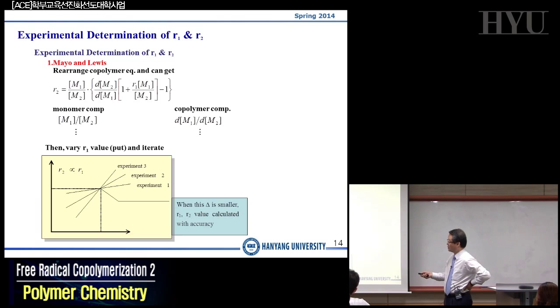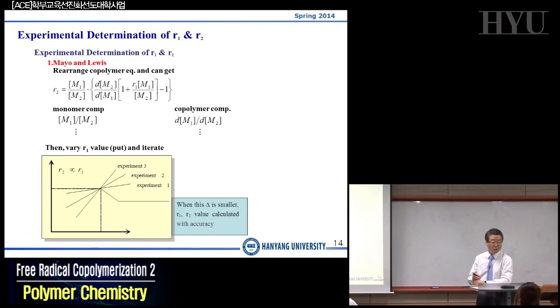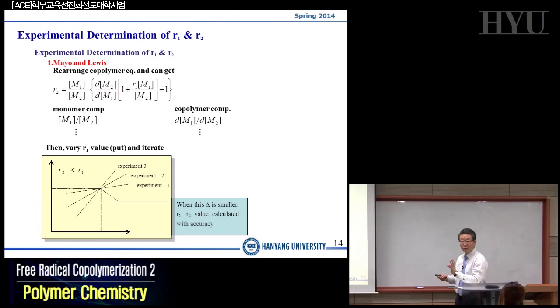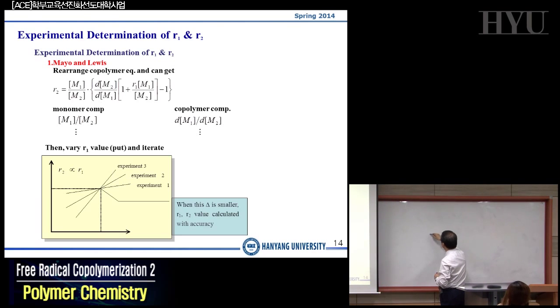And here in this case, we have at least 3 experiments. So if you conduct 3 experiments at least, this is the first experiment, second experiment, third experiment, then you will see the triangle between these 3 points, which is regarded as r1 and r2 in this case.